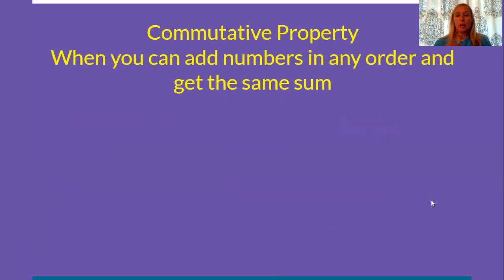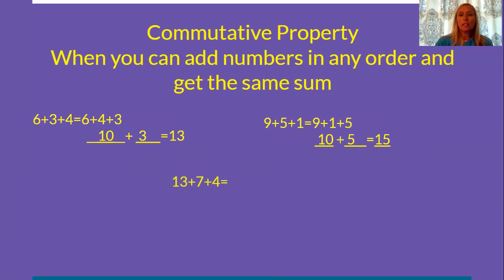All right, so we are going to look at adding with the commutative property, adding numbers in any order, okay? If you notice, I have 6 plus 3 plus 4. With 6 plus 3 plus 4, I could add those together. I could say 6 plus 3 is 9 plus 4.